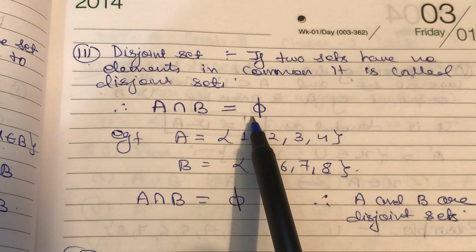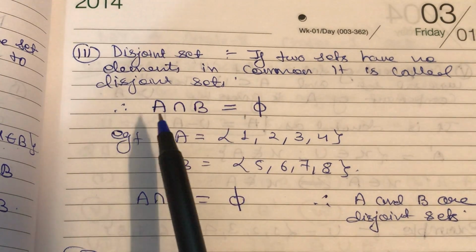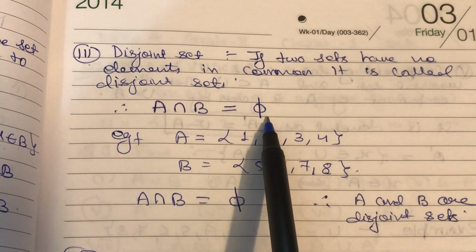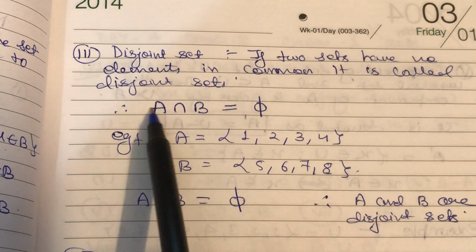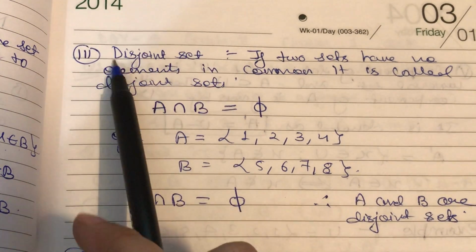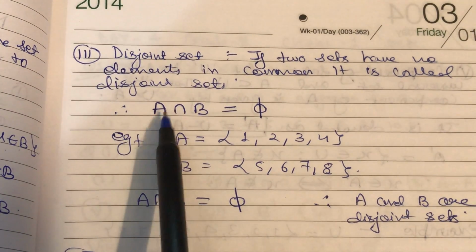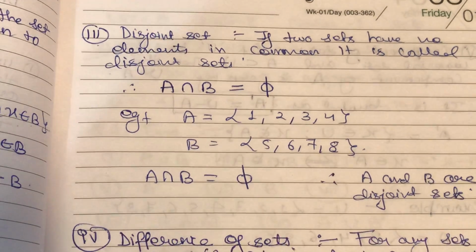This is a null set. Null set means which has no elements, right? So if A intersection B is equal to null, which means no elements, then we call it a disjoint set. Remember this concept. This is going to help you further in grade 12 also.